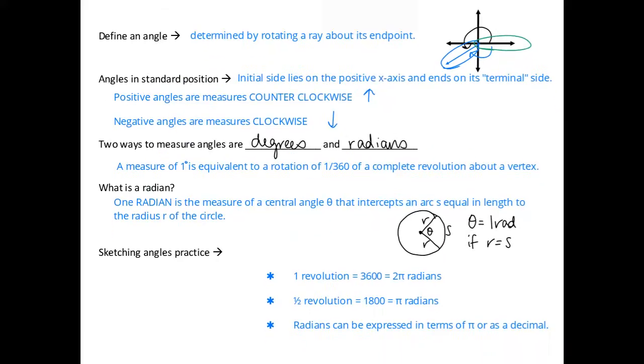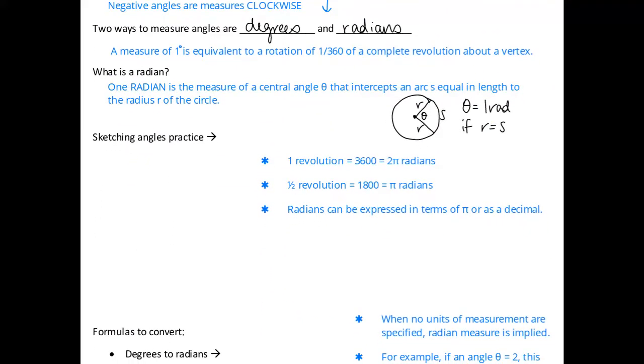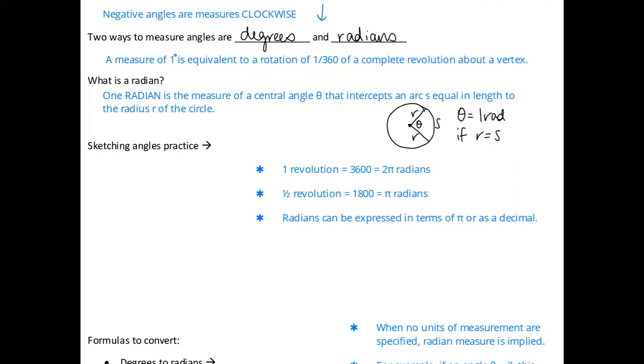Now, a couple additional notes here, and again, you probably already learned this. 1 revolution is equal to 360 degrees, or 2 pi radians. So just like circumference is 2 pi r, 2 pi is a full revolution.